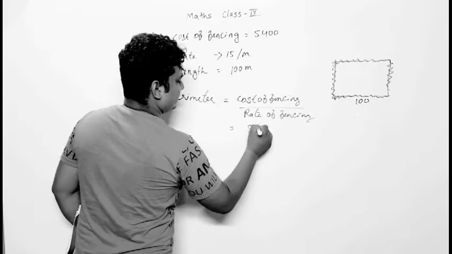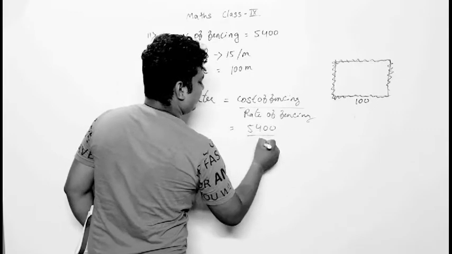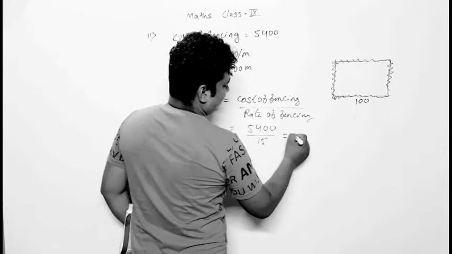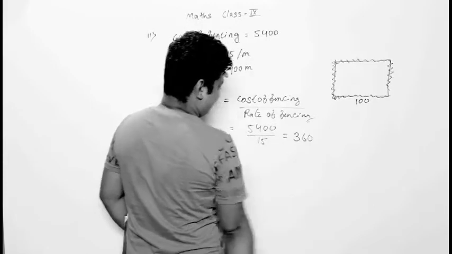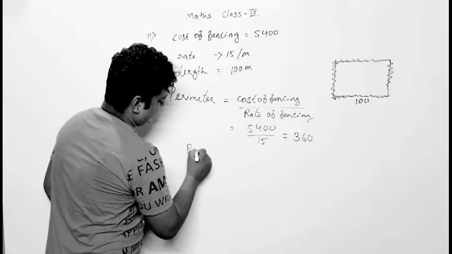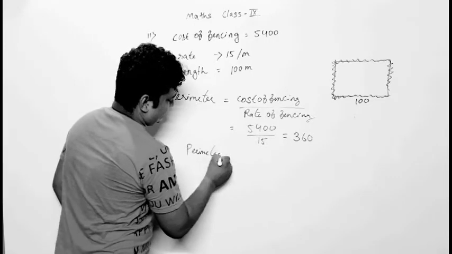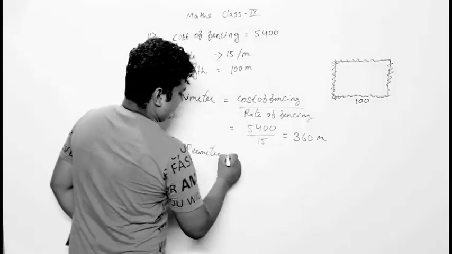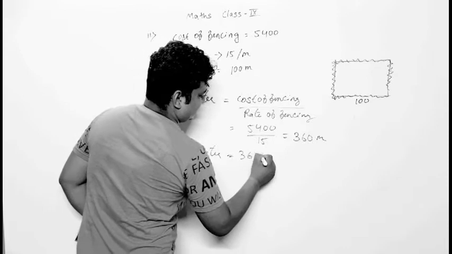So 5400 divided by 15. When we divide this, we will get 360. So the perimeter equals 360 meter.